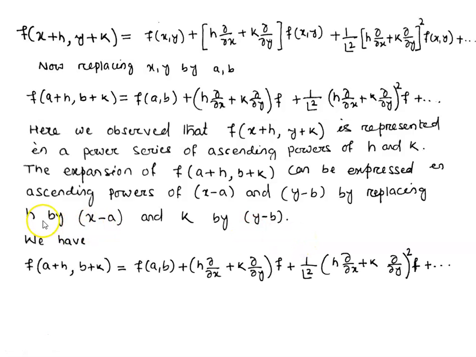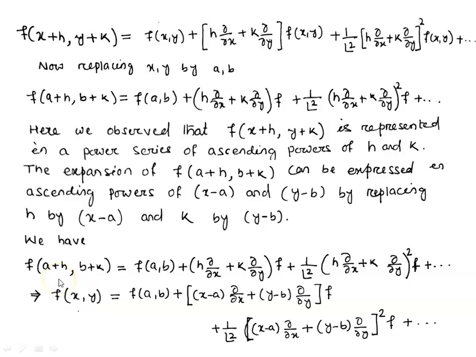So by replacing h by x minus a, a plus h will become x. Since x minus a gets cancelled with a, we have only x with us. Similarly, by replacing k by y minus b, b gets cancelled, so we have only y with us.